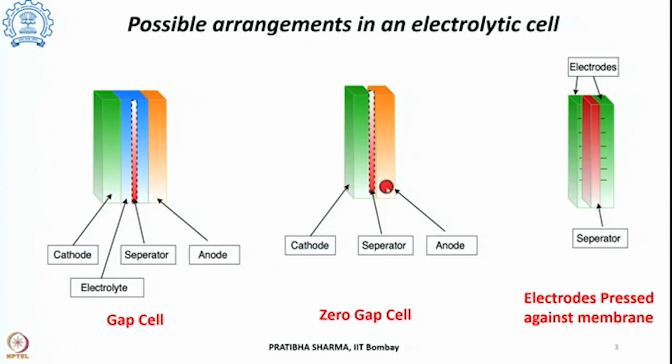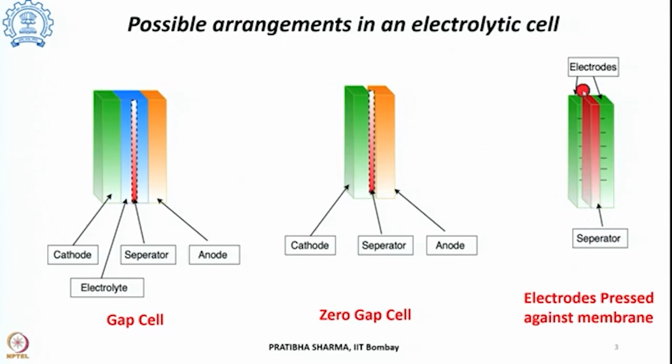In this arrangement, the ohmic losses are low compared to the gap cell, and as such high current densities can be achieved at lower voltages. This configuration is used for alkaline water electrolysis.